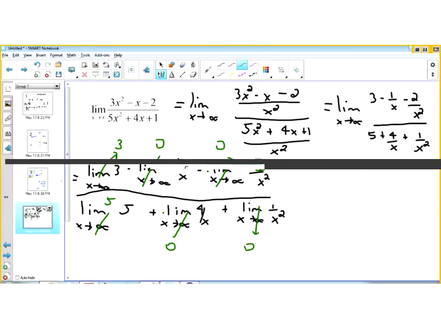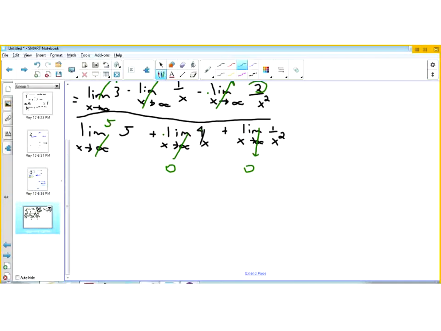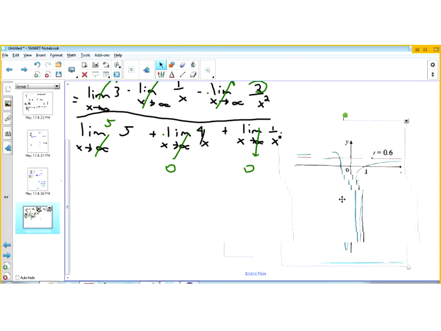See if I have it here. Nope, I don't have it there. So here's what the graph looks like.